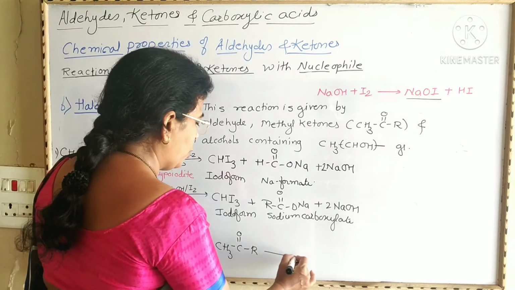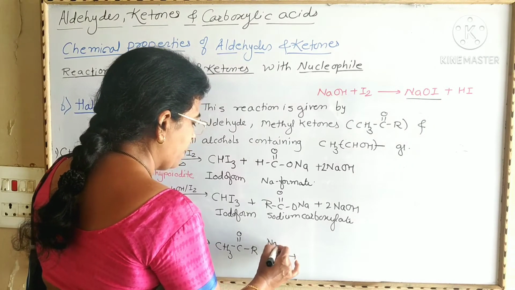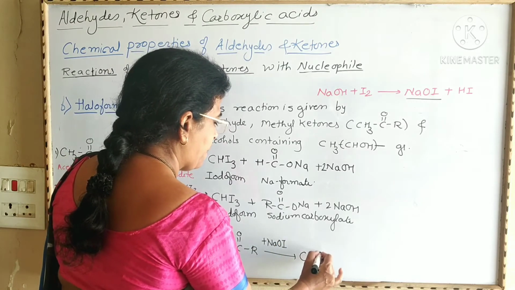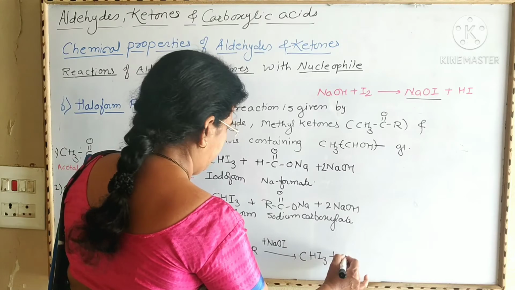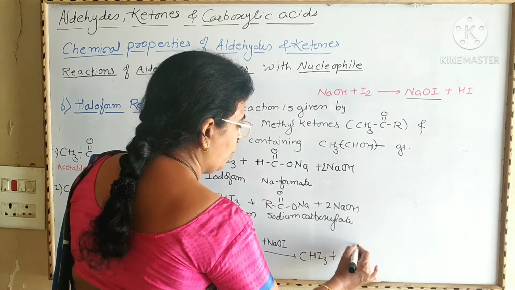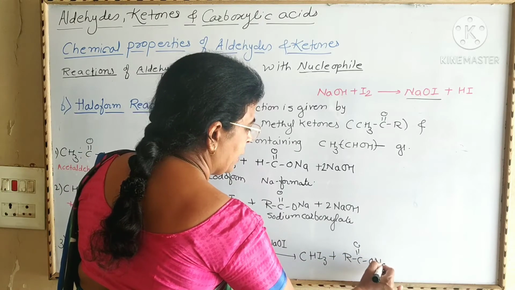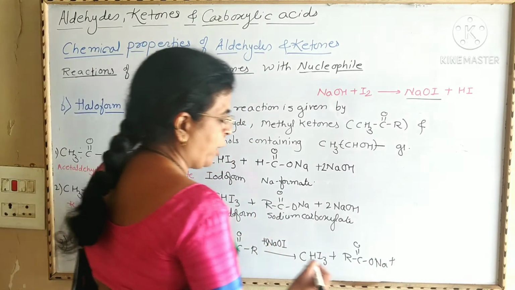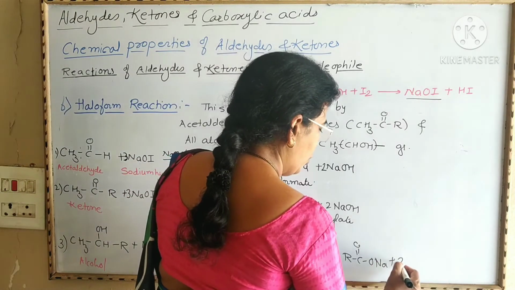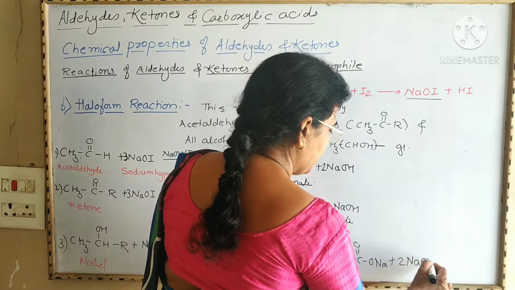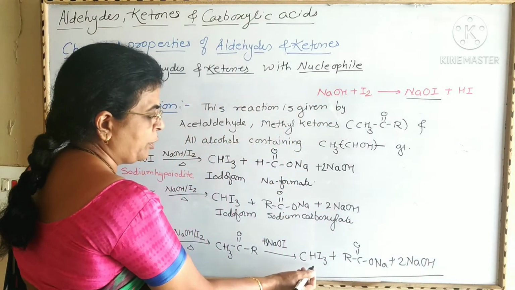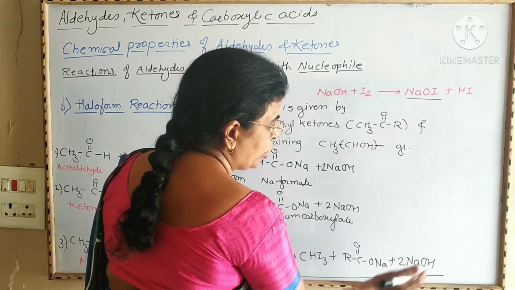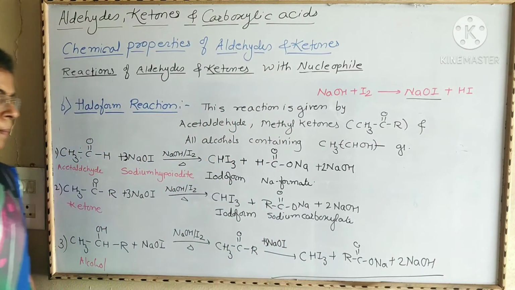And this methyl ketone then reacts with NaOH to form CHI3 plus RC double bond ONa plus 2 molecules of NaOH. And in this way, formation of iodoform, sodium carboxylate and 2 molecules of NaOH takes place.